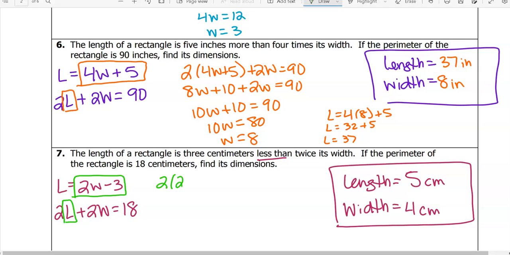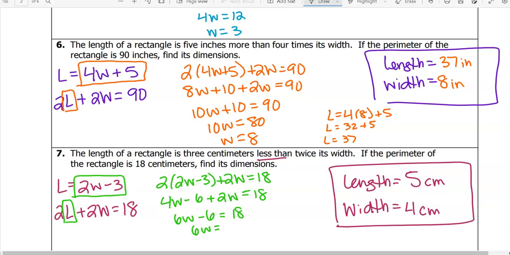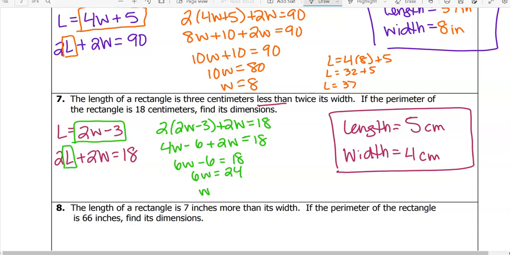So 2 times (2W minus 3) plus 2W equals 18. That gives me 4W minus 6 plus 2W equals 18. Combine like terms, that gives me 6W minus 6 equals 18. Add the 6 over, which is going to be 24. And then divide by 6, that's where we get W equals 4.